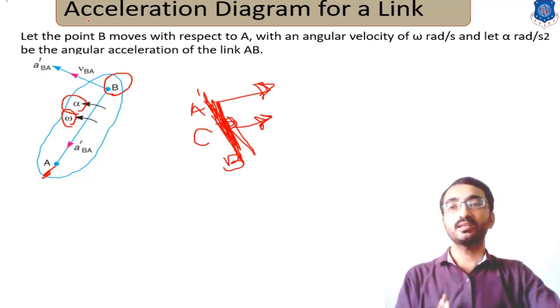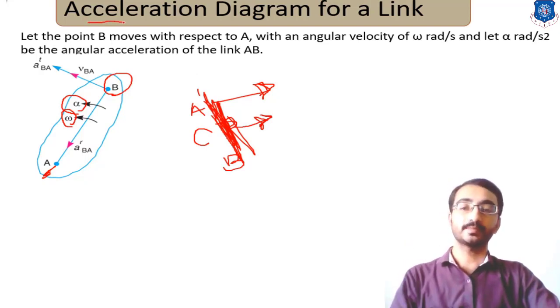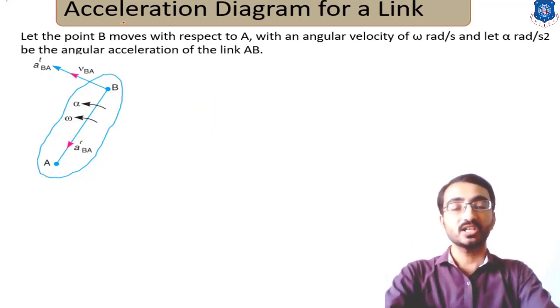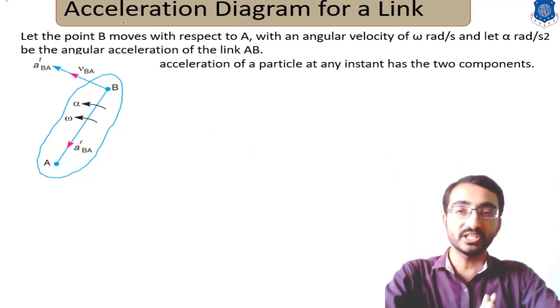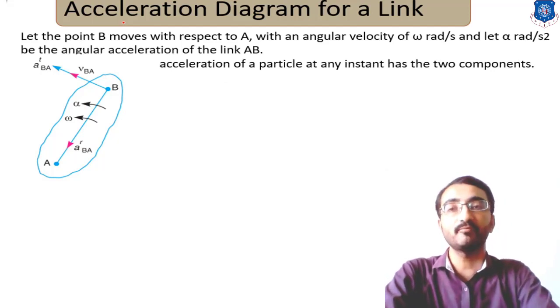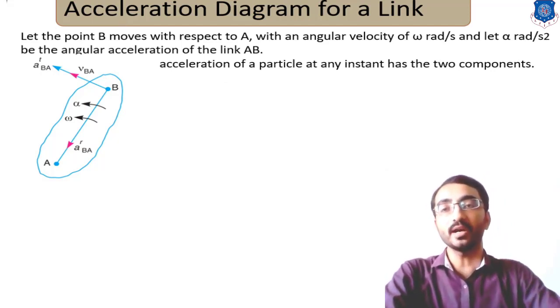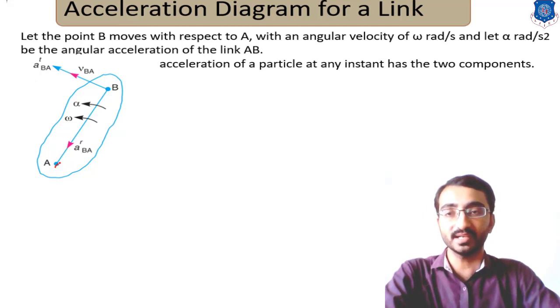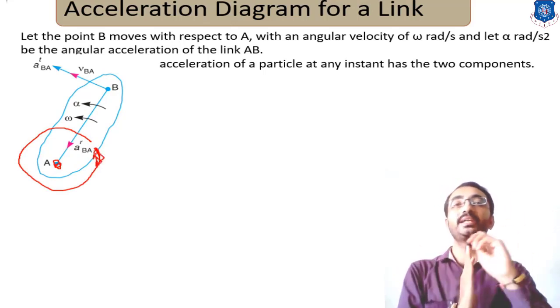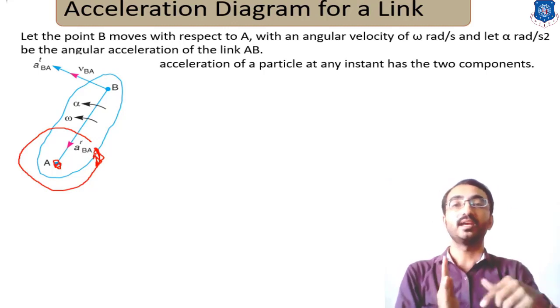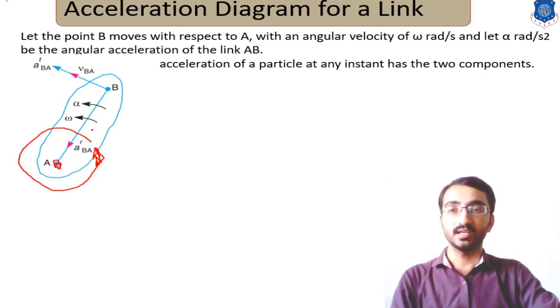Now we have to learn the direction for acceleration. Acceleration of any body will have two different components at any instant. The first component: if we consider that this body is rotating, with respect to point A, point B is rotating. In that case this rotating body will generate a centripetal force, or we can say centrifugal force, and due to this centrifugal force the body will try to move in the outward direction.